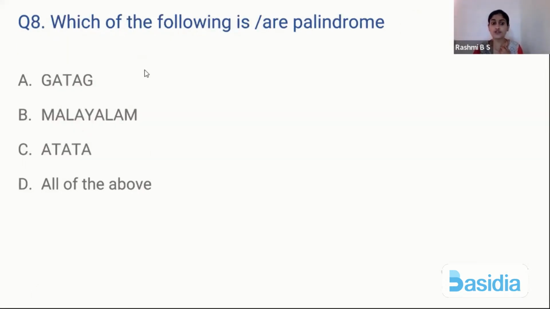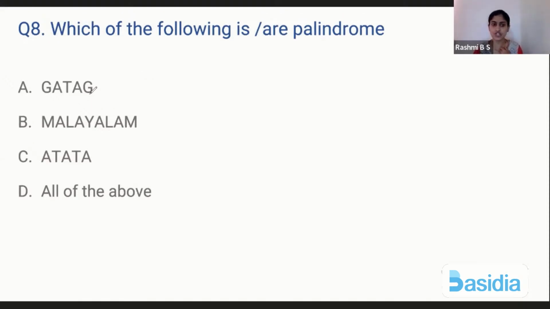Which of the following are palindrome sequences? GATAG, Malayalam, ATATA, or all of the above? Tell me.